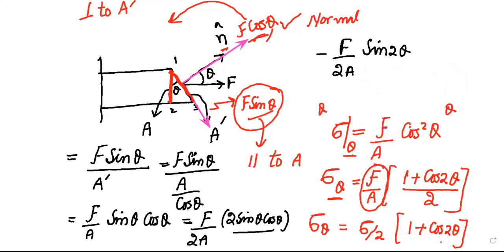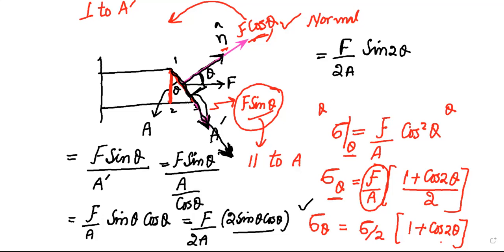Now look, what will we be calling this stress? This stress is created by the force such that the force and the area are now perpendicular. Your force vector is in this direction, F sine theta is in this direction. We are calculating stress created by F sine theta on an area whose unit normal is in this direction.